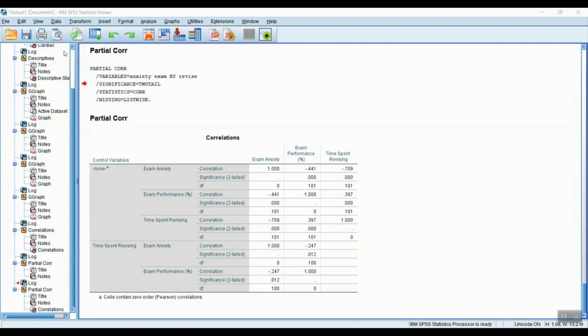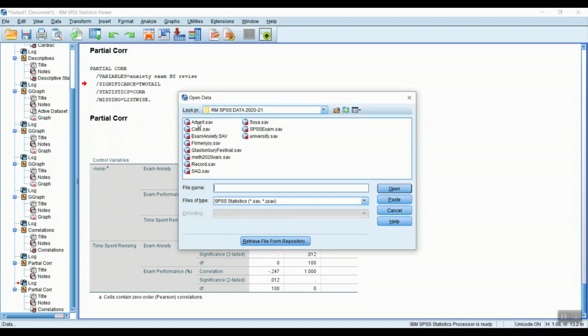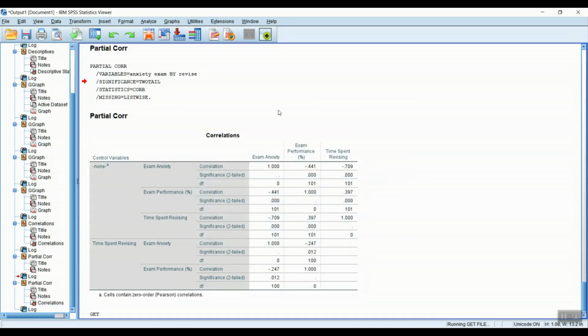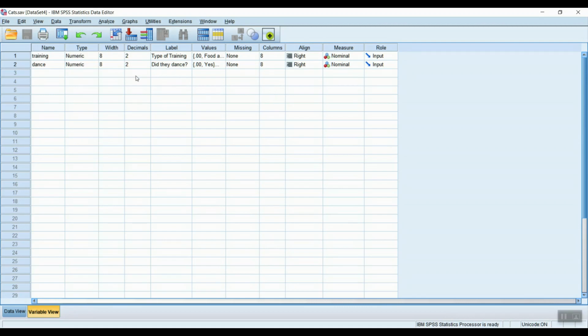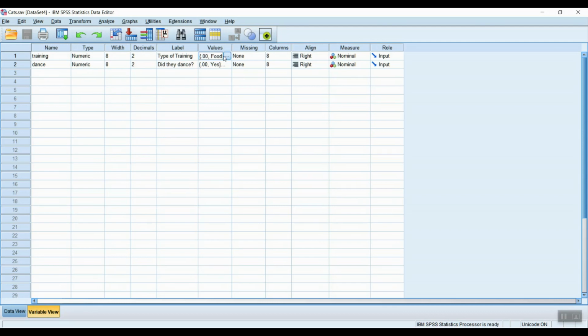So we're going to begin by opening a new file, which is File, Open Data, and the file that we're going to look at is called cats. So we'll open that file. Very simple file with two variables, training and dance. Two values for each one.